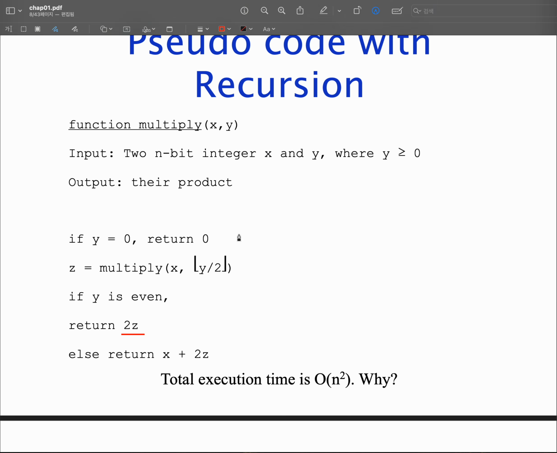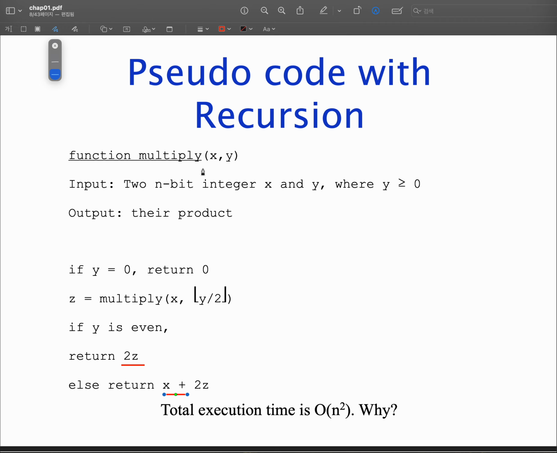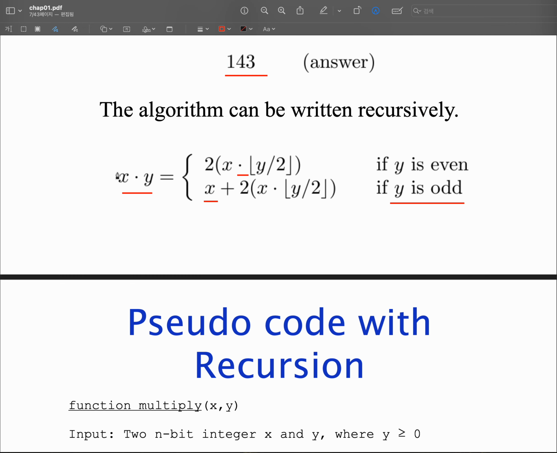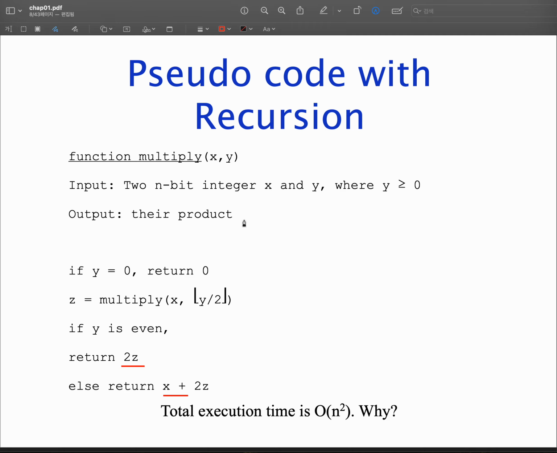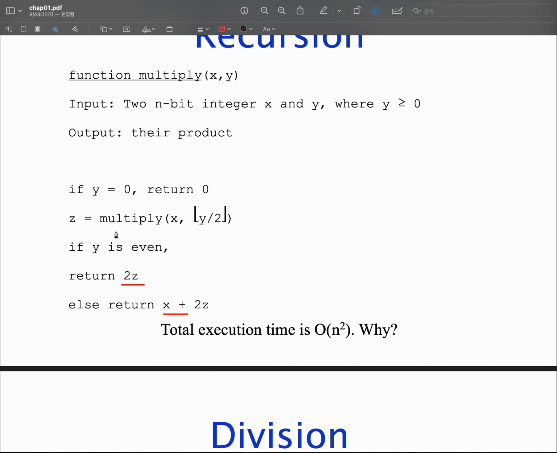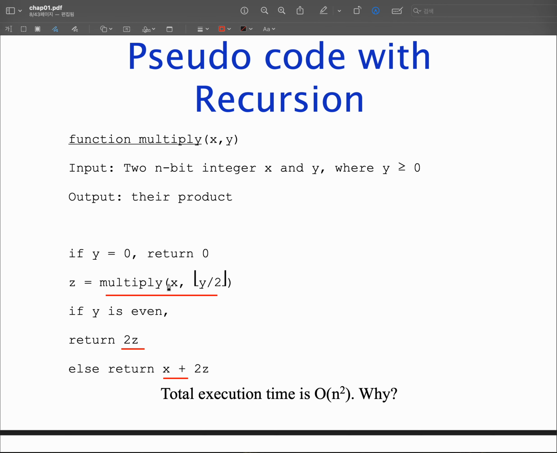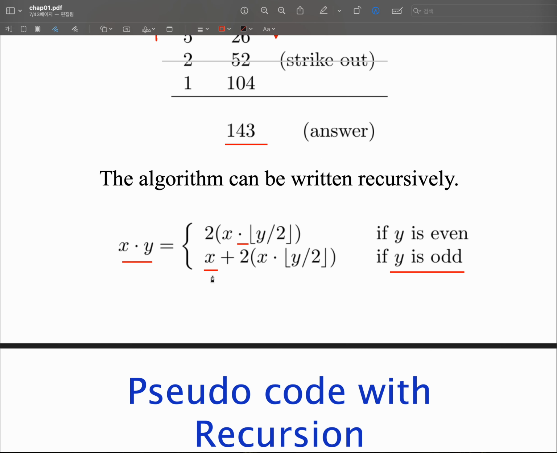First you multiply x times y by 2, and then you double the result of this calculation.